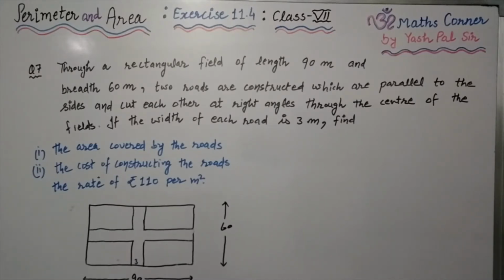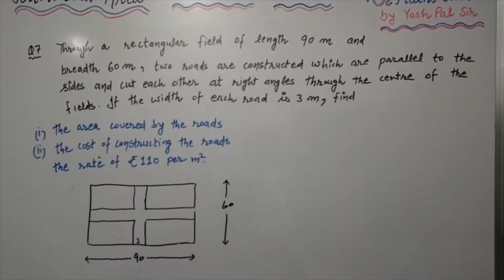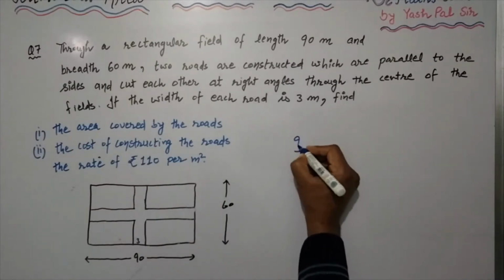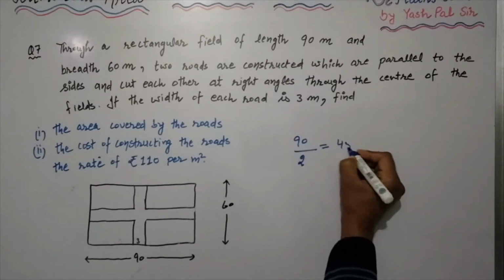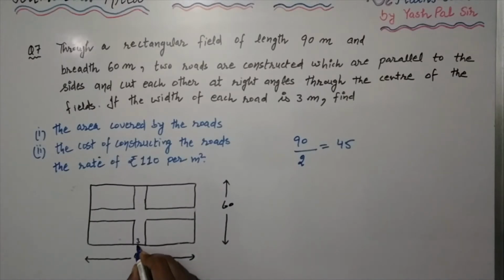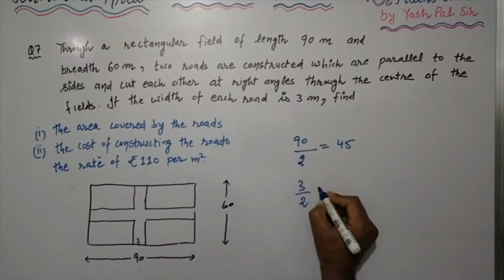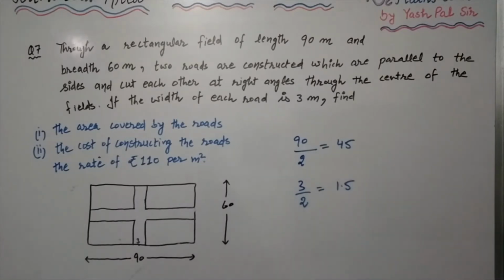We divide this 90 into two parts. 90 divided by 2 is equal to 45. In the middle this is 45. Also 3 we divide into two parts. This is 1.5.